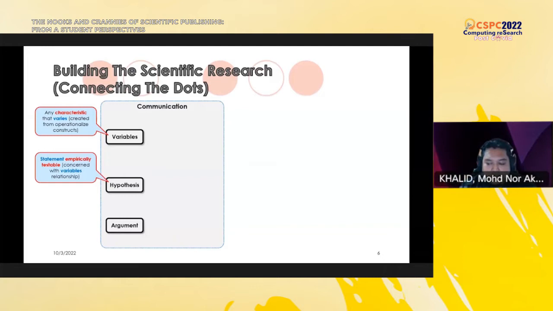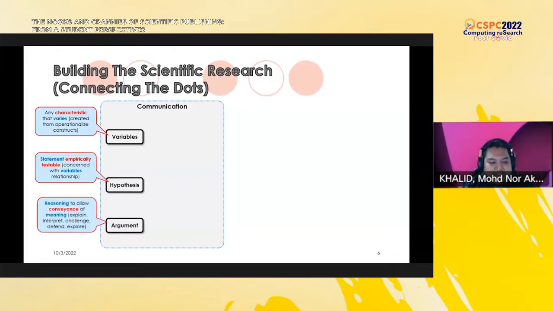It's not really sustainable for your research. And then you need to have certain reasoning for why you come to that particular hypothesis, why you consider this variable, so that you can explain, interpret, challenge, defend, and explore your research work.